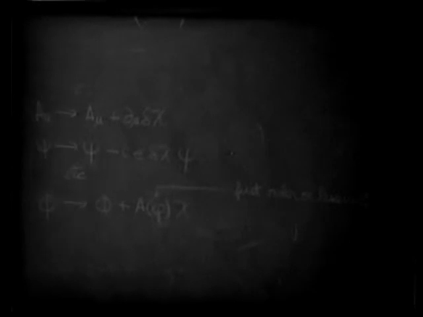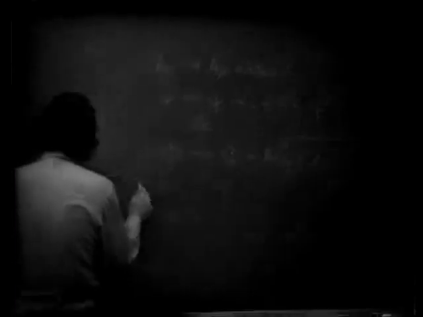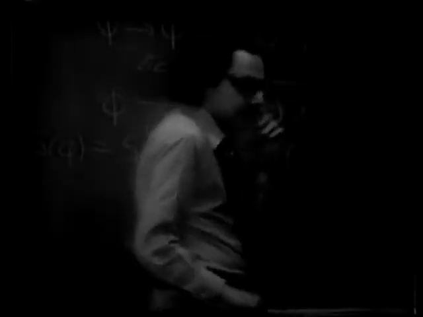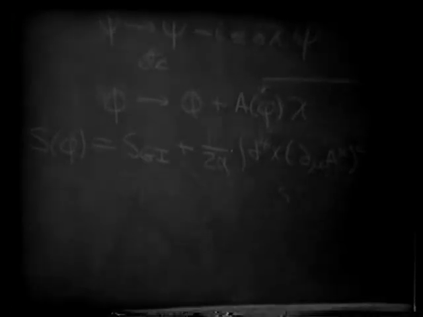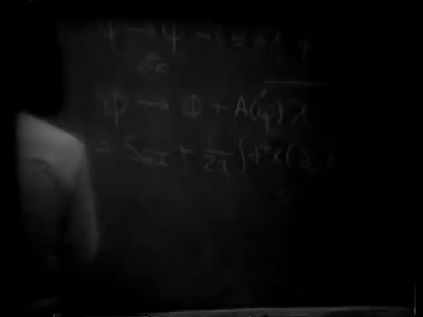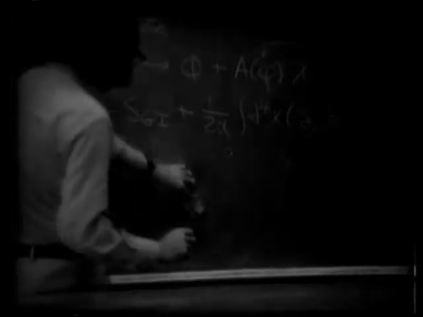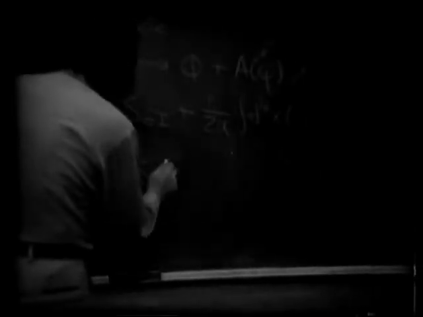I will also assume my action in my typical case will be a gauge invariant action plus some parameter, 1 over 2 alpha. Perhaps I called it minus 1 over 2 alpha, but that's neither here nor there. It's not going to affect the argument. If we're working in one of the covariant gauges, like Feynman gauge, when I make this infinitesimal gauge transformation on the field, S of phi goes into S of phi.